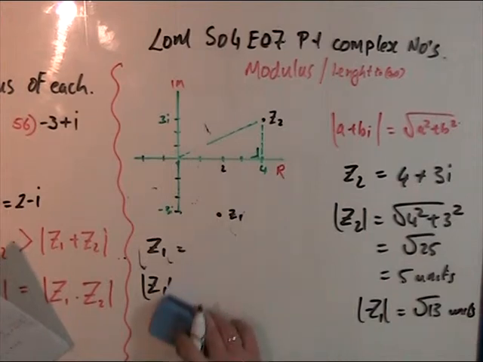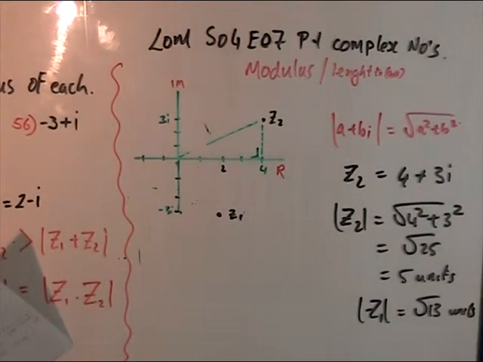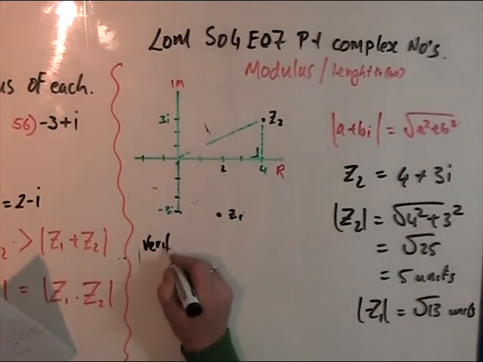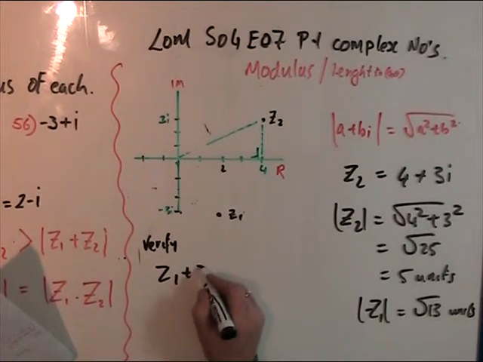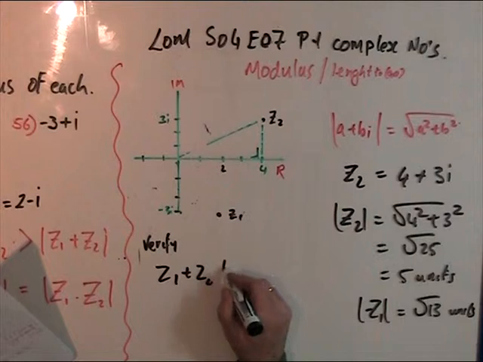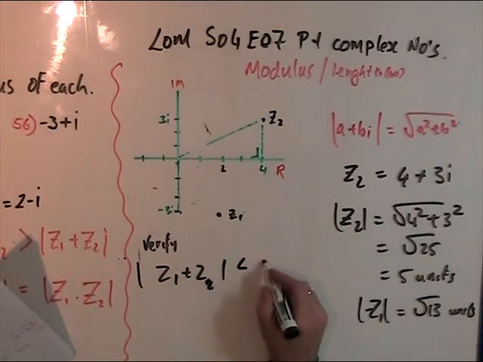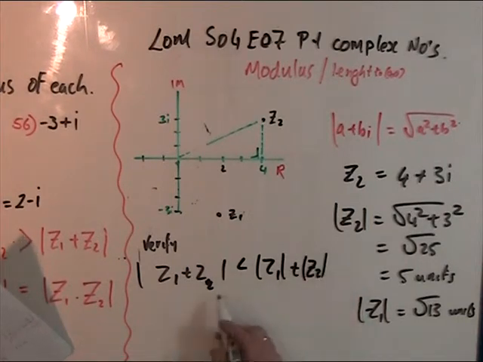Now, there are a few things they might add in, like prove or verify that the modulus of Z1 plus Z2 is less than the modulus of Z1 plus the modulus of Z2. Do you understand what I'm saying? So the length of each of them.